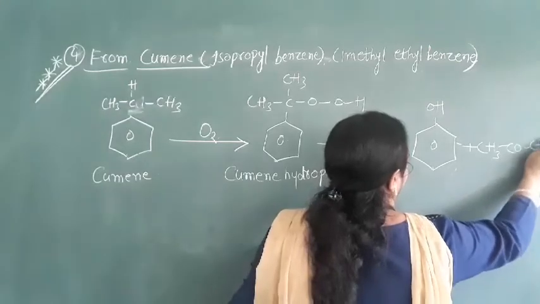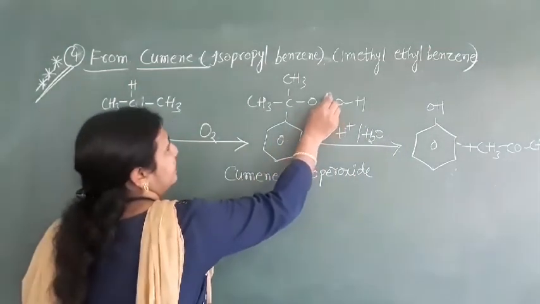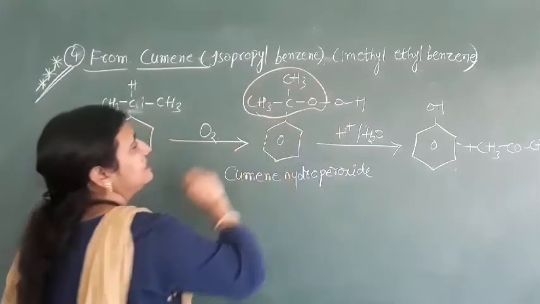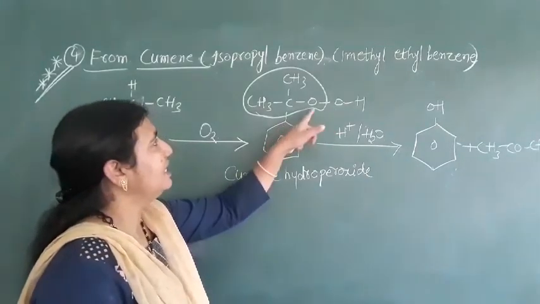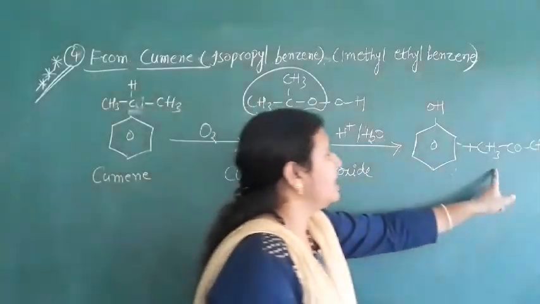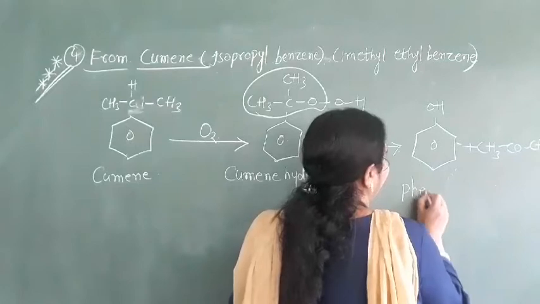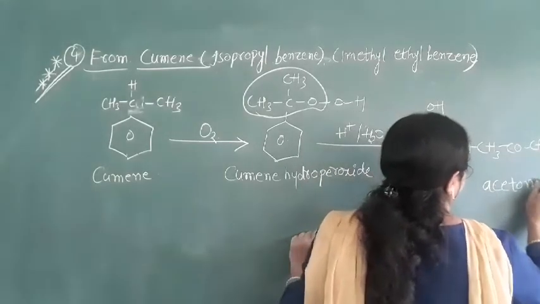So this OH we have to attach here on the benzene ring, and this whole group will be removed as acetone, CH3COCH3. We will get phenol and acetone.